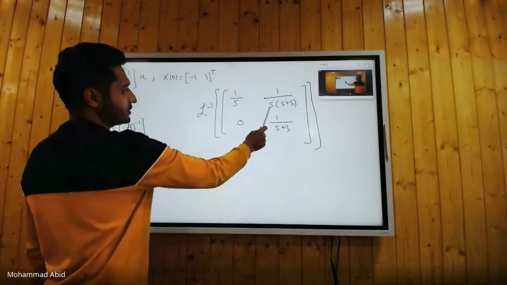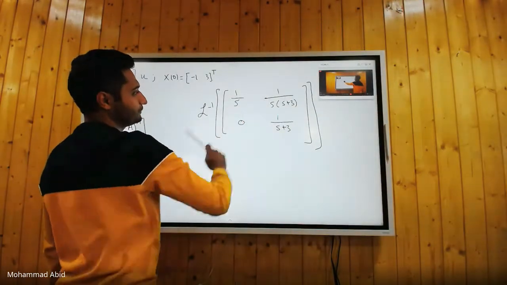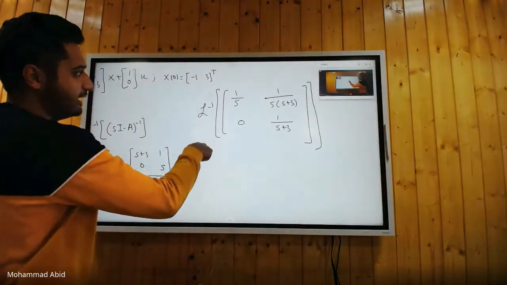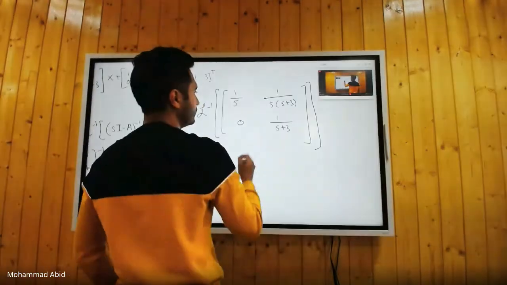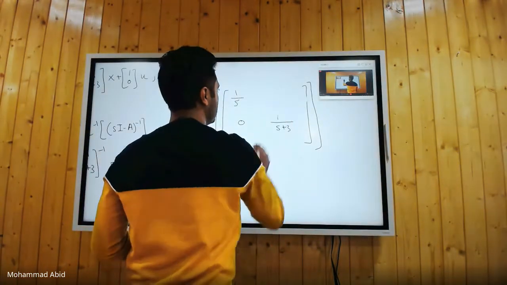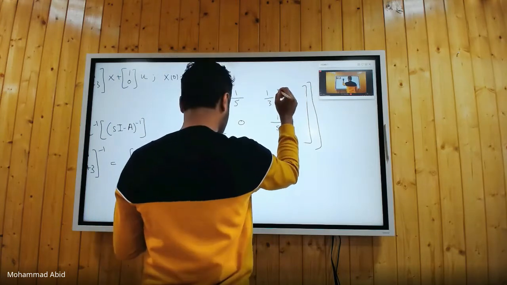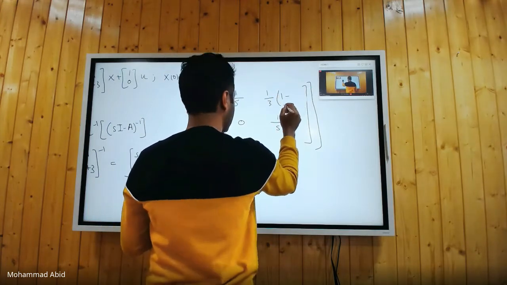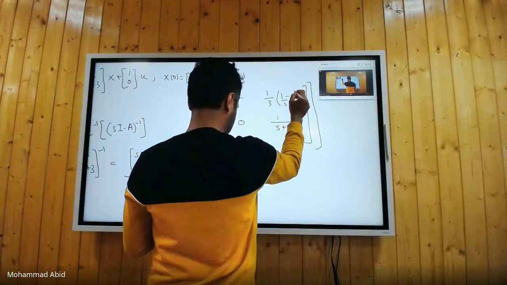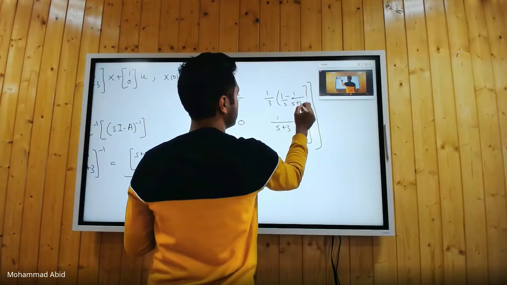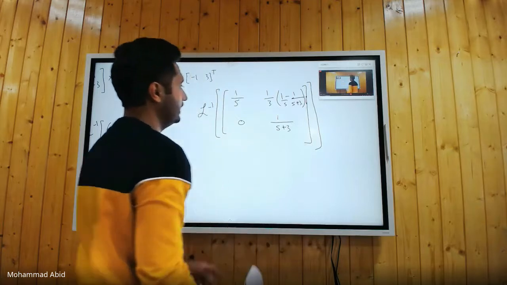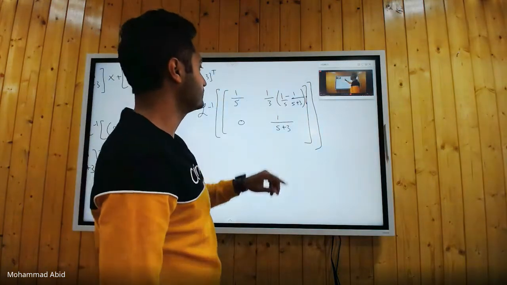If you do partial fractions of this denominator, there will be A by s plus B by s plus 3. Finding the coefficients, A comes 1 by 3 and B becomes minus 1 upon 3.